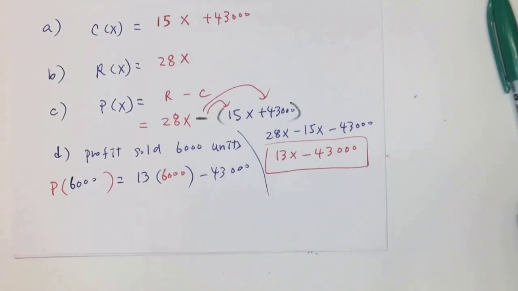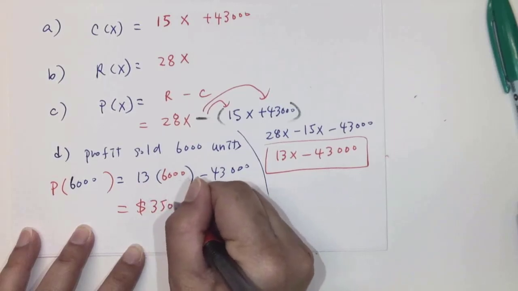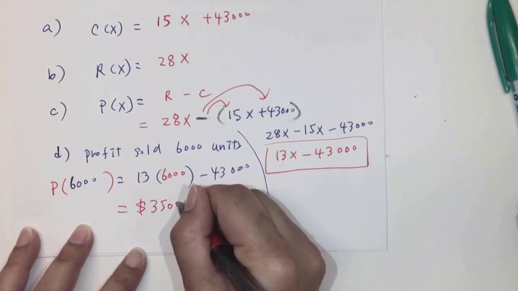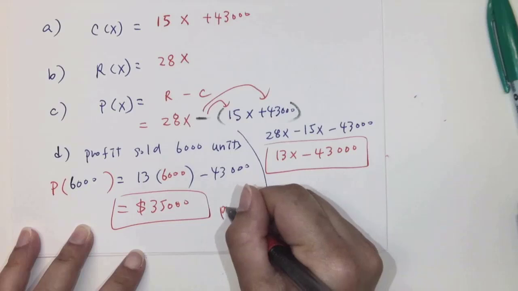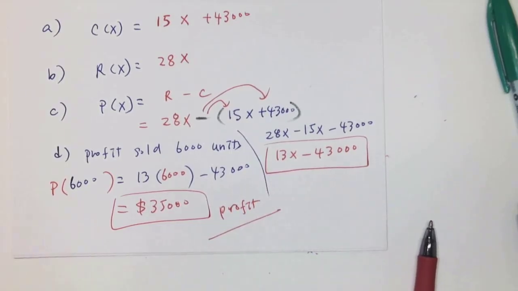Did you make a profit or are you going to lose some money? $35,000 profit. Okay, are we okay with cost function, revenue function, profit function, and plugging in numbers?